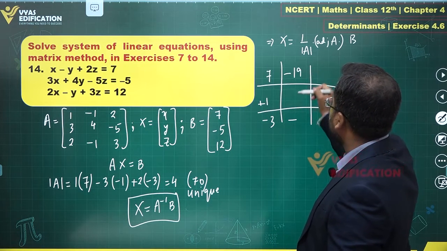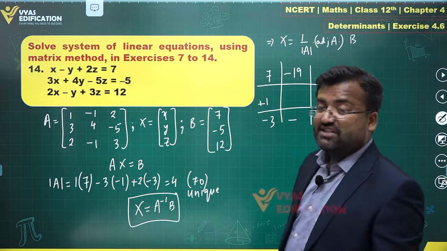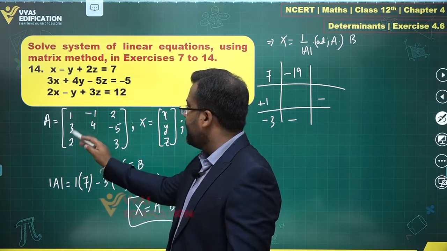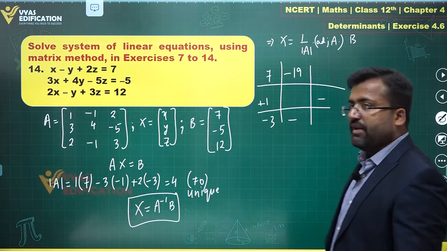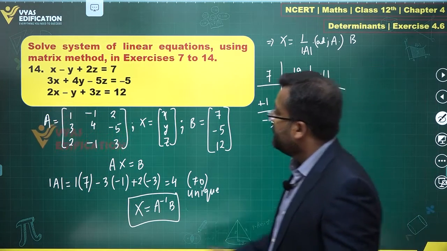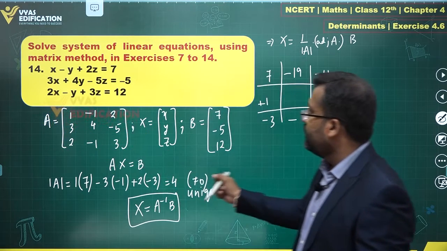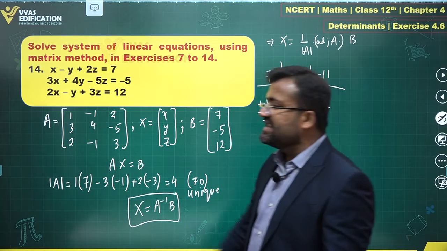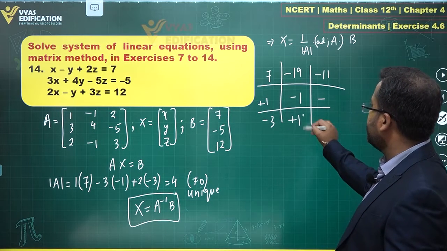So this is 19 over here with an extra minus, right? For this too, you have minus 3 minus 8. Minus 3 minus 8 is minus 11. For this element over here, you have 3 minus 4, which is minus 1. For this element over here, you have minus 5 minus 6, minus 11, it becomes plus 11.